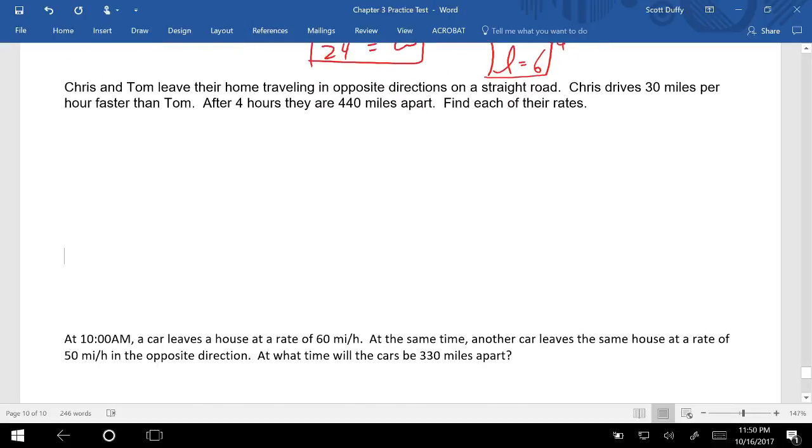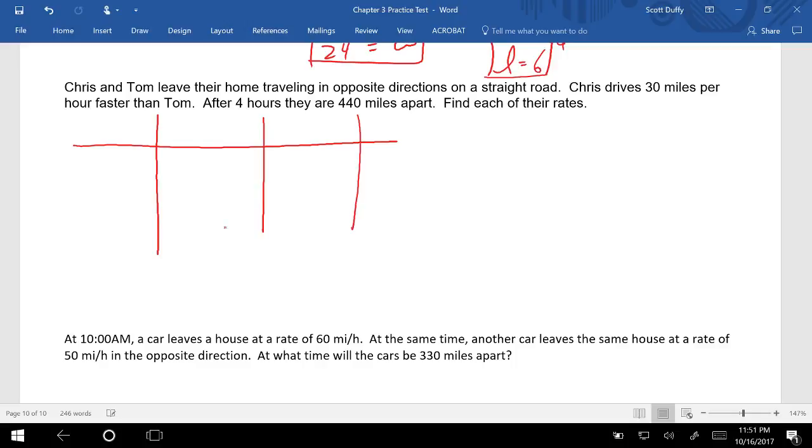Alright, so these next two problems are where we know that the distances are going in opposite directions. So Tom and Chris go in opposite directions. Chris drives 30 miles per hour faster than Tom. So anytime that we're working with distance, rate, or time, we have to make a graph. Distance is equal to the rate times the time.